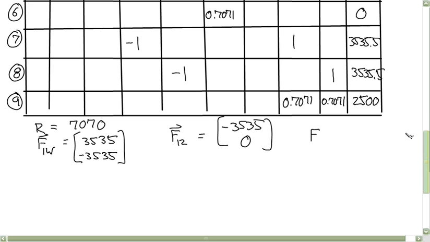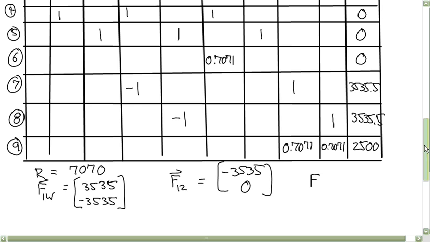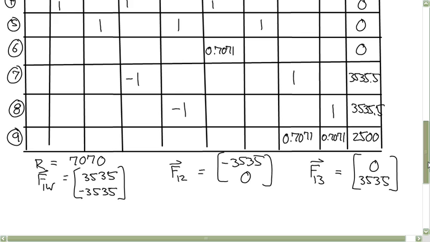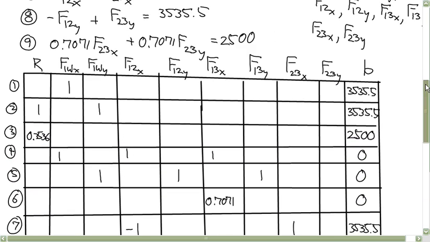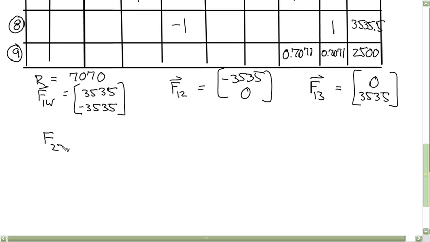And then F13 is 0, 35.35. And F23 is 0, 35.35. Anyone else get that? Okay.